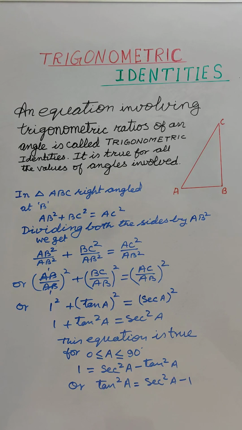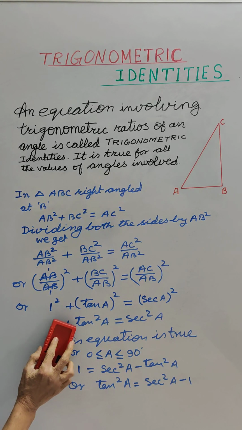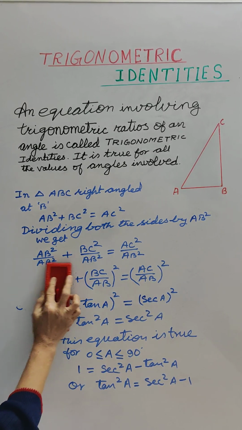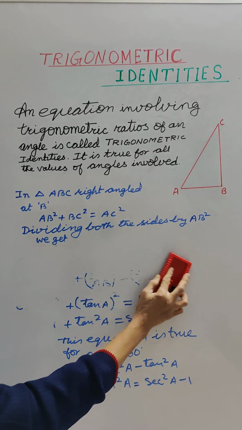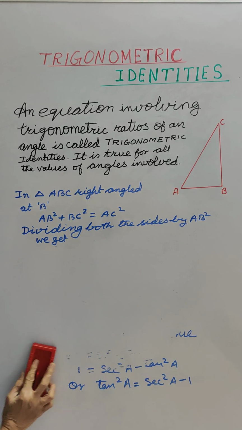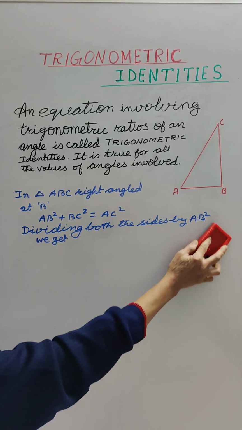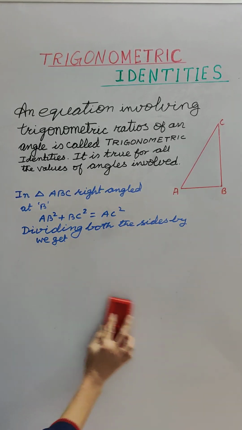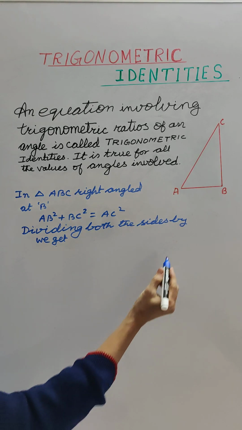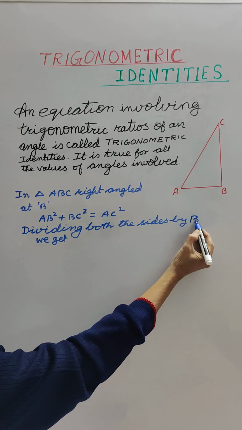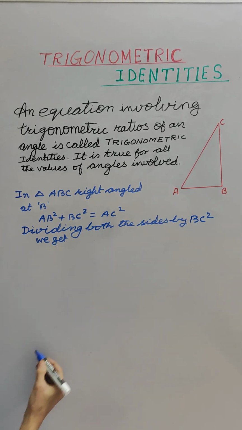Similarly, if we divide both the sides by BC square, we will get the third equation. So it is very easy.